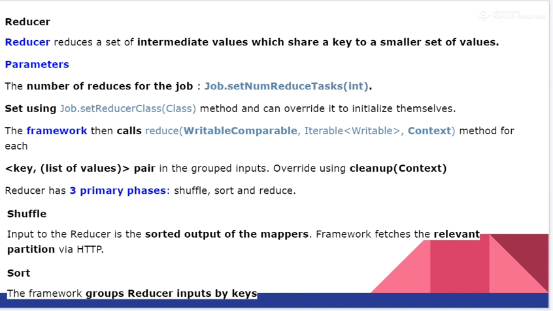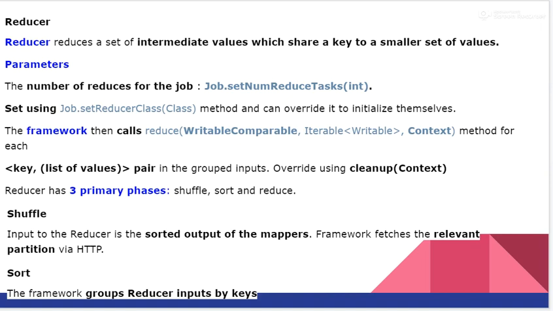One is sorting of the data, and then shuffling. The output given by the mapper is a list of keys and values. It is not going to be sorted when it comes out of the mapper job.